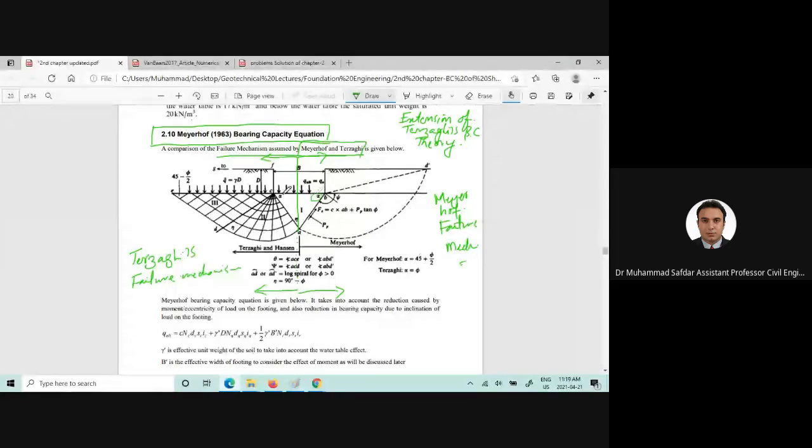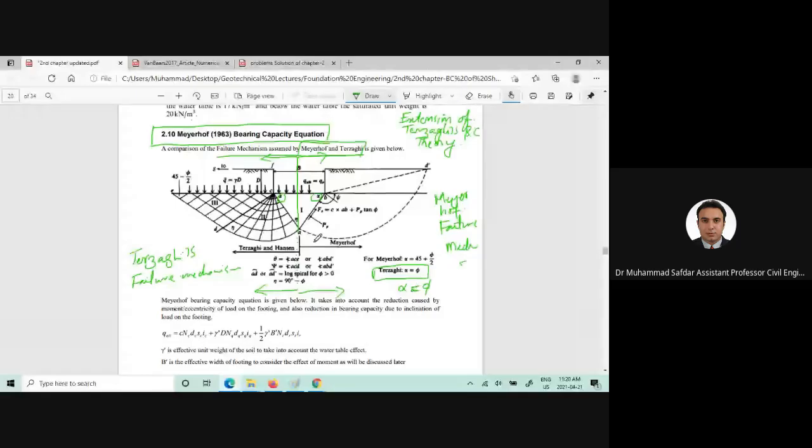Looking at this figure, we can clearly see that the alpha value in case of Terzaghi's bearing capacity theory was equal to the friction angle.